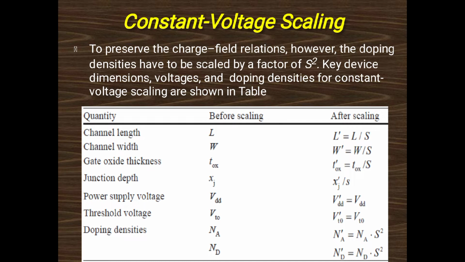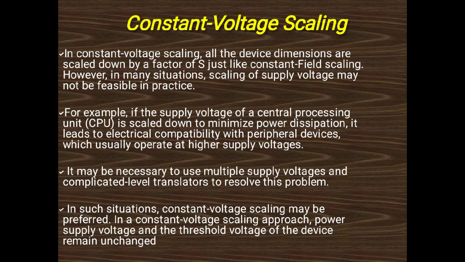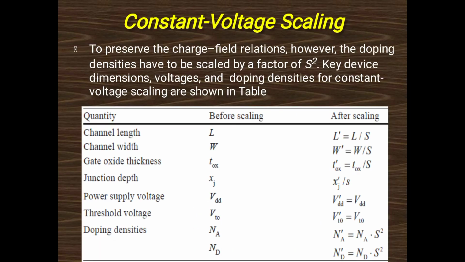The key dimensions, voltages and doping densities for constant voltage scaling are shown in the figure, with the quantity before scaling and after scaling. The first one is the channel length, represented as L before scaling and L dash after scaling, where L dash is L decreased by a factor of s.